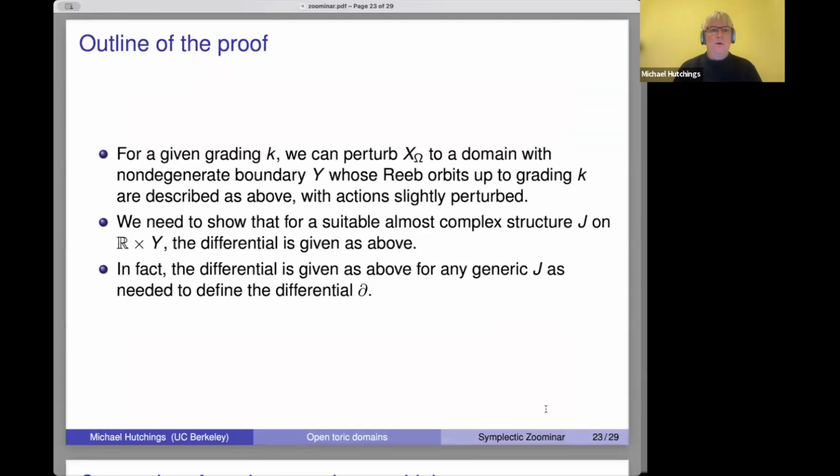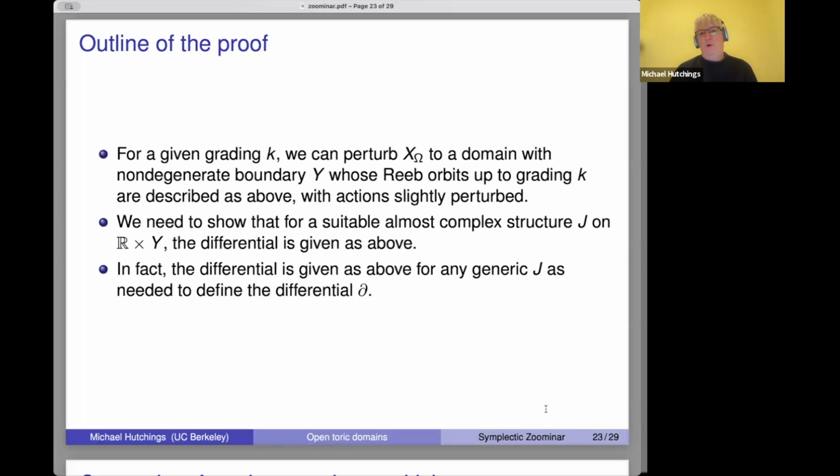Okay, so how am I going to prove the theorem? Sorry, not the main theorem, but what I just said about the isomorphism of persistence modules. For any given grading K, I can perturb to make the boundary non-degenerate, and so that all the Reeb orbits, at least up to grading K, are as described in the previous slide.